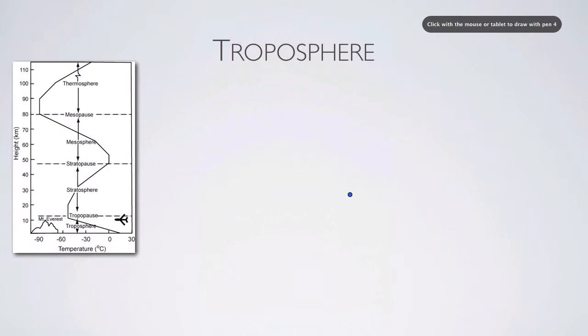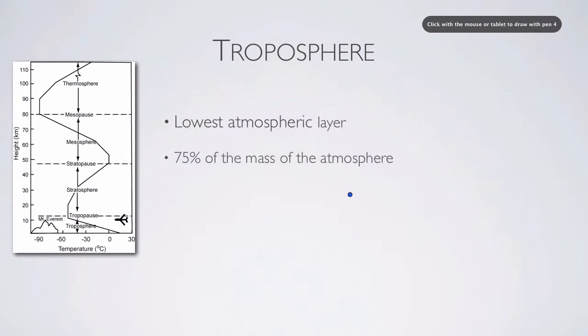We'll review why that is in a second, but we're going to start with the troposphere. So the troposphere is the lowest atmospheric layer. And 75% of the mass of the atmosphere is in the troposphere itself. And the troposphere is heated primarily from the bottom. Most of the energy that's absorbed by terrestrial ecosystems, for example, or oceans, gets radiated as sensible heat flux or as latent heat flux, enters the atmosphere that way.